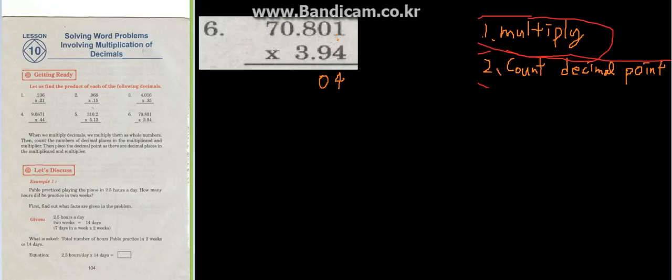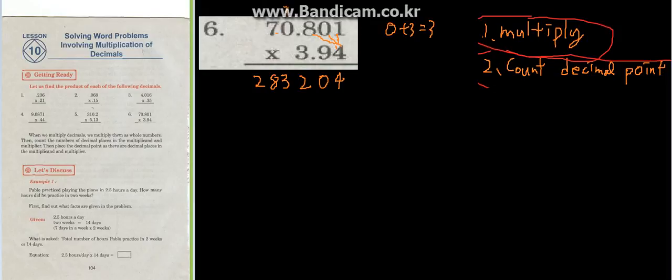Then 8 multiplied by 4 is 32, so we write down 3 over here and 2 down here. 0 multiplied by 4 is 0, plus 3 is 3, so we write down 3. Then 7 multiplied by 4 is 28.